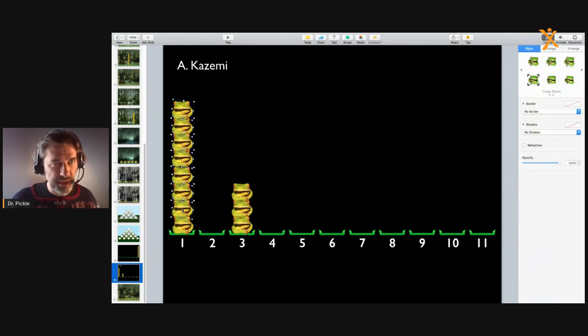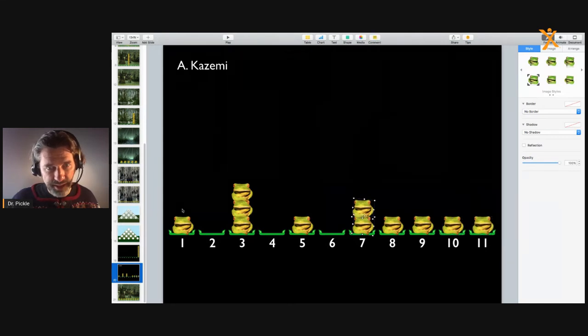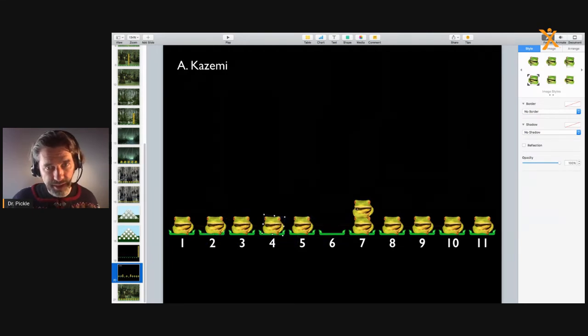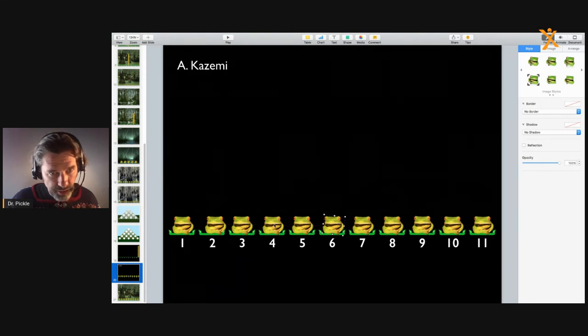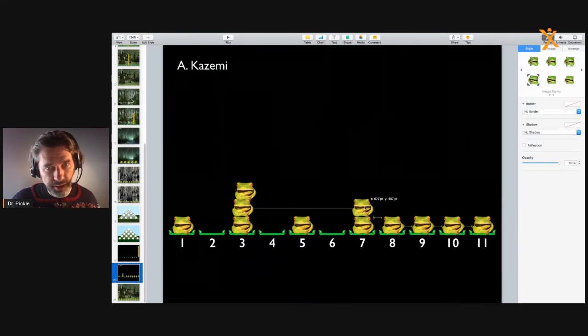So that was an example as a failure. So Kazemi might be correct that this is impossible to solve with only 3 moves. Oh, and let me show you those 3 moves. You can see how I did it, how he did it. Or she. I don't know if Kazemi's a woman or man, girl or boy. So 1, 2, 3.